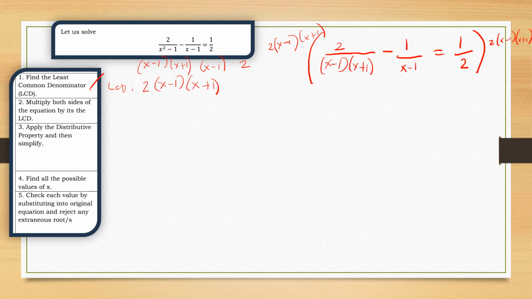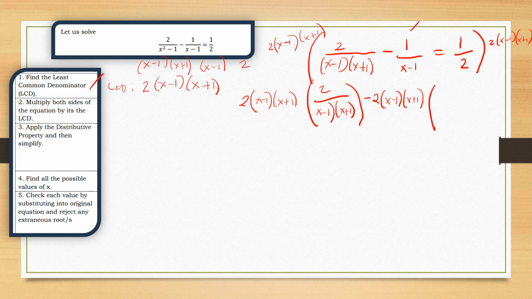Pag nag-multiply tayo, we will have 2 times x minus 1 times x plus 1 times yung 2 over x minus 1, x plus 1, minus LCD ulit 2 times x minus 1, x plus 1 times ito 1 over x minus 1 equals LCD ulit 2 times x minus 1, x plus 1 times 1 half.